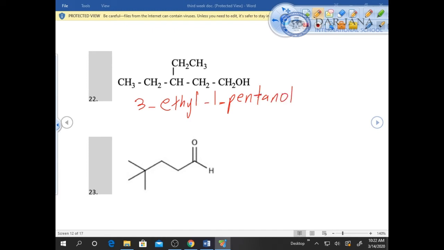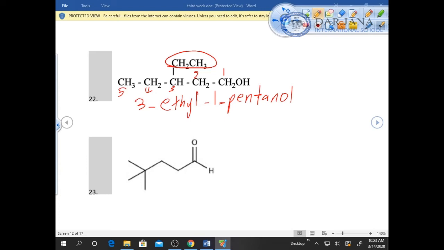Why? Because you should start numbering from this carbon: 1, 2, 3, 4, 5. This is an ethyl group, and the OH group on carbon number 1, so it will be 3-ethyl 1-pentanol.